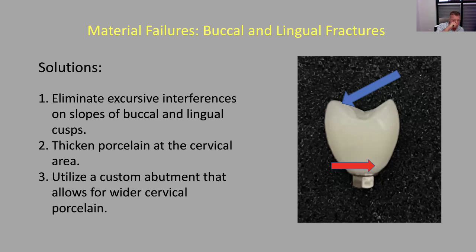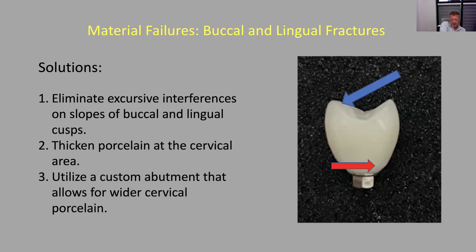So what can we do? We can eliminate the excursive interferences for sure, keep them off the buccal and lingual cusp, and thicken the porcelain at the cervical area. Every now and then you get a restoration back, and it looks really thick at the bottom, at the base, but that restoration is going to be able to resist some of those forces.